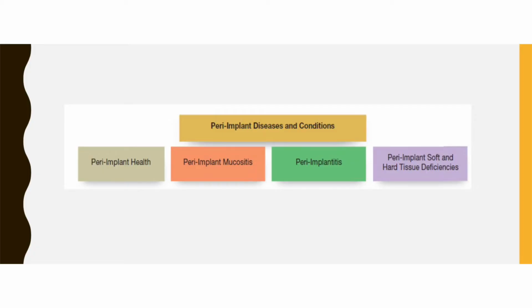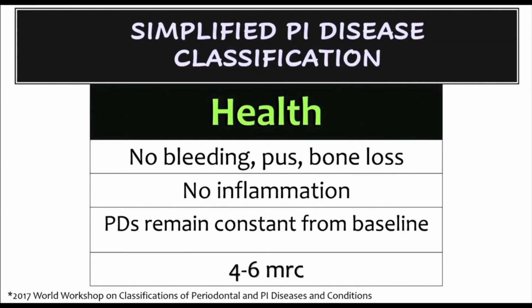In 2017, they created a guideline for peri-implant diseases. Ms. Gibson has placed a simplified peri-implant disease classification on her PowerPoints on what to look for and how to take care of a patient with what they might have.